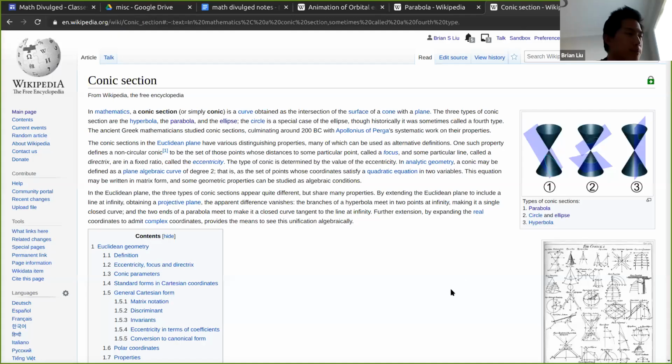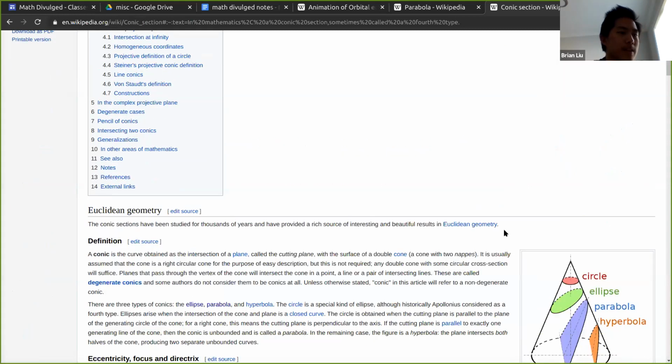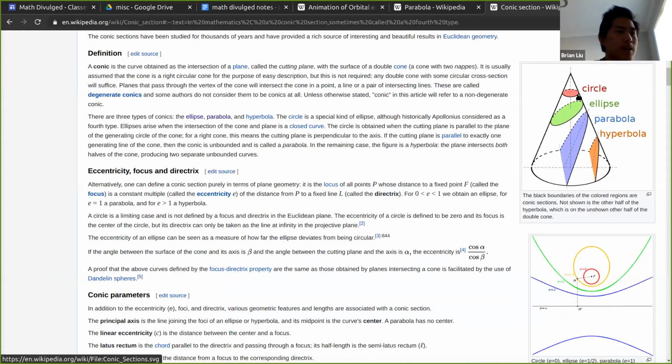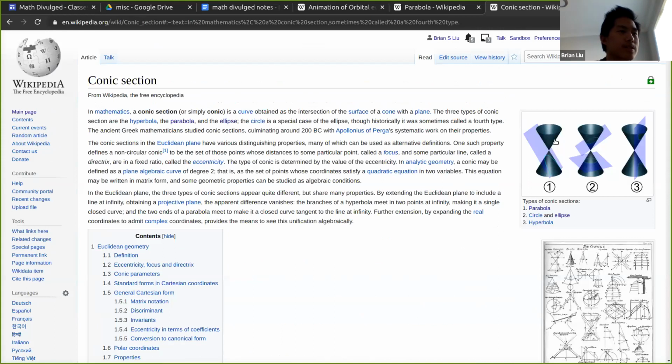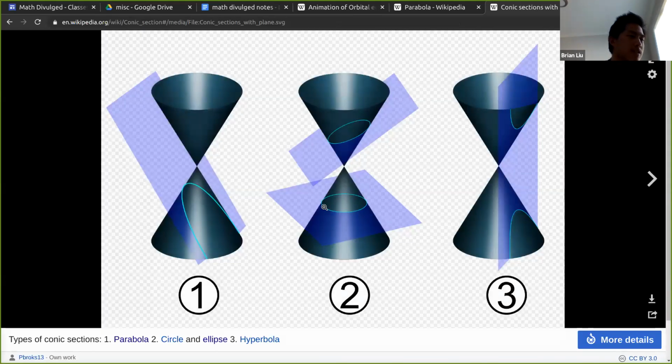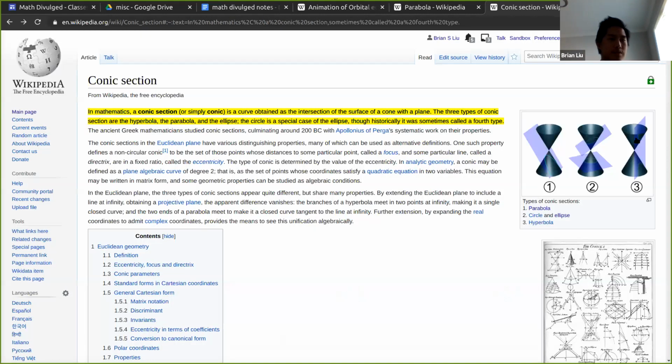So here's the Wikipedia page for conic sections. We had the circle, which we talked about, the ellipse, and then the parabola, and there's also one called the hyperbola. So here's the parabola, and then to get the circle, you basically cut across like this flat, and to get the ellipse, you cut across sideways. And then to get this other shape, the hyperbola, which we didn't get to today, you do something like this.